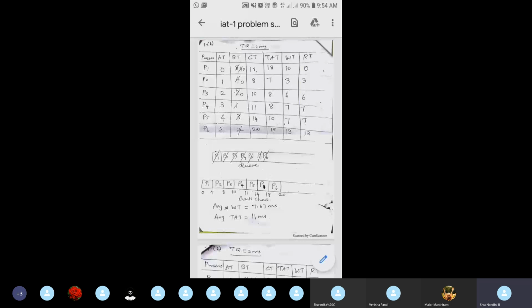So at time 0 only this process P1 will be there, and it will be executing with the time quantum of 4 millisecond. That is, from 0 to 4 we'll be having process P1. So in the queue also, first we'll be entering P1. After this P1, what are we having?